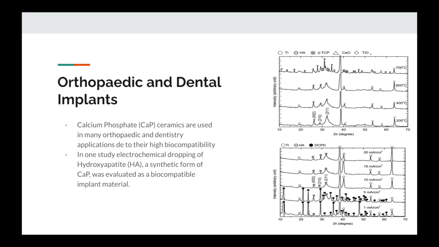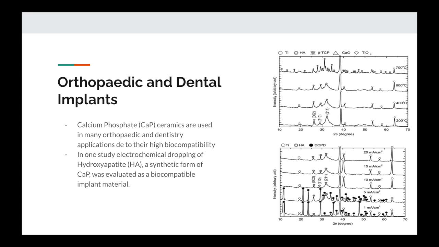More specifically, they wanted to determine if depositing hydroxyapatite using an electrochemical method at different current densities and annealing the coatings at different temperatures would create a more biocompatible material.